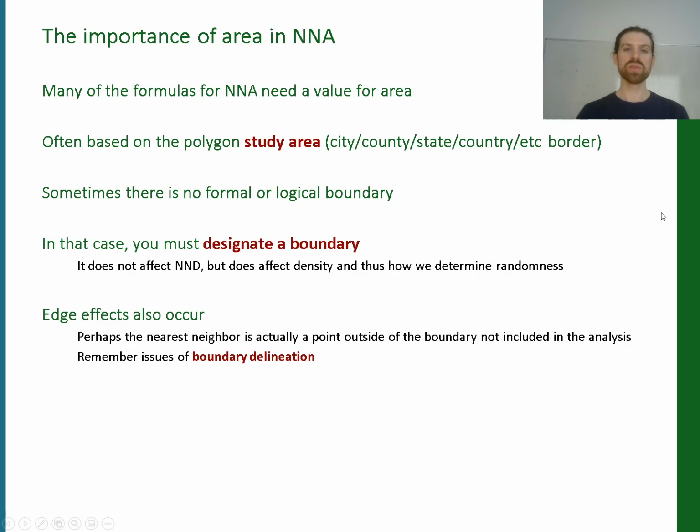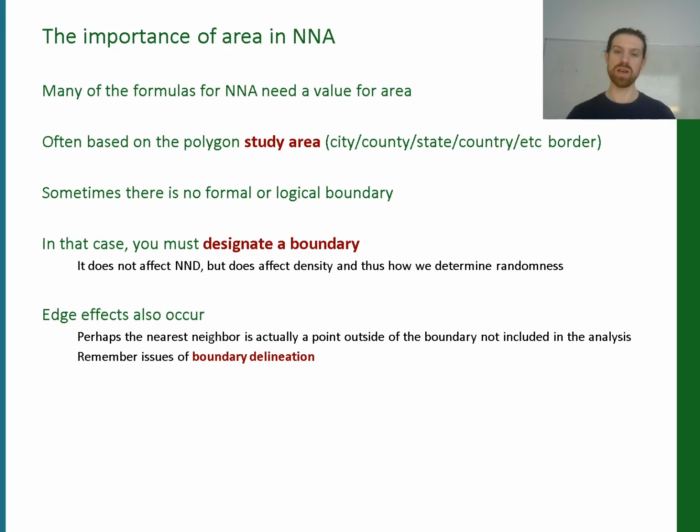So the importance of area, and actually you might have caught me saying that in the previous formulae that I gave you, because I did mention that you had to provide an area in order to calculate that random distribution factor. So this is something that you're going to need to consider. It means that you may need some sort of polygon study area depending on what your problem is.